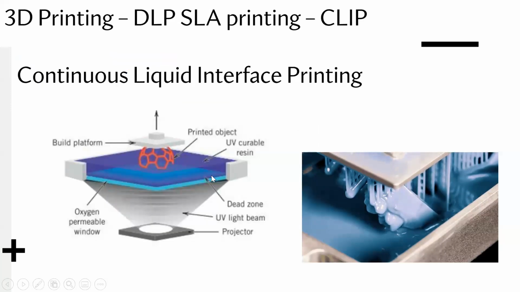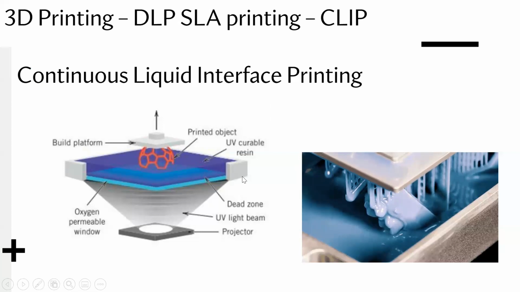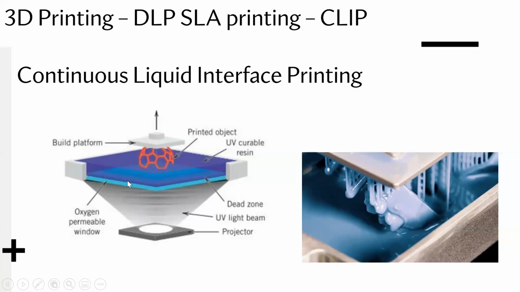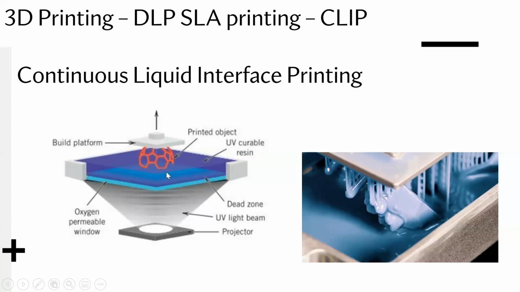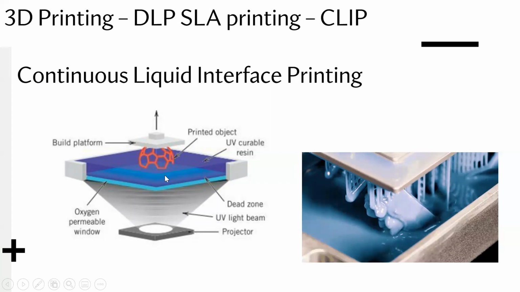And therefore, what a group of researchers in the US found was that if they could actually have a window that's oxygen permeable, so it has a transparent window here that is permeable to oxygen, so it allows oxygen to pass through.